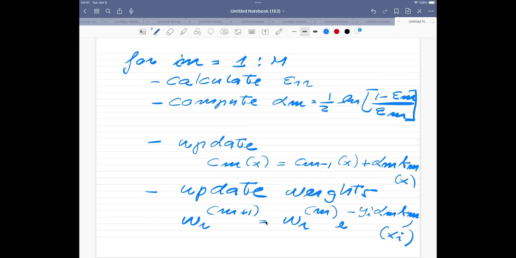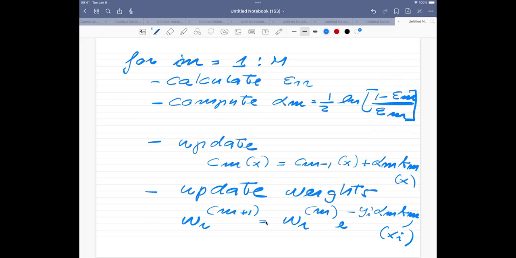Now, when we have updated these weights, it's common to normalize them. So they are typically normalized to 1 in order to avoid that these weights blow up. So after we have found them, we normalize them, and then we keep going till we reach the final value of n. And that is the end of the classification problem.